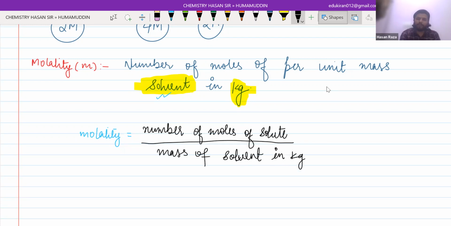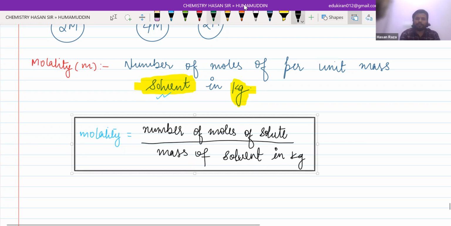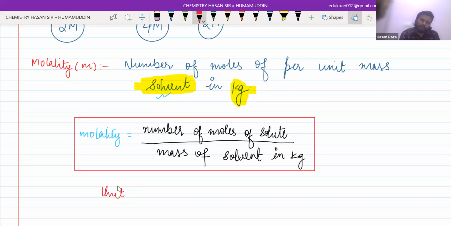It's very easy. And its unit, as you can see, in numerator it is moles and in denominator it is kg.